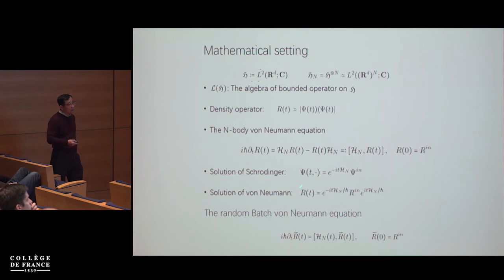The solution of von Neumann likewise has an analytic solution if you are given the initial density operator. So you evolve forward and backward by this Hamiltonian. With the random batch, we replace this Hamiltonian by the random batch one. Then you have this random batch von Neumann, whose solution I call R tilde.